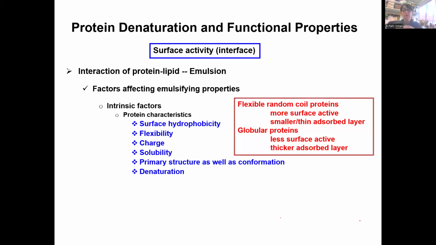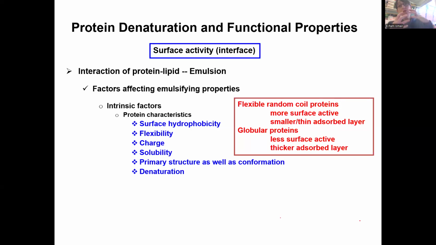So they have high adsorptivity at the interface and very high flexibility because of the open structure. Globular proteins are less surface active. They require a little bit of a push to denature them and provide this balance on the surface of that protein. So usually they're less surface active unless we prompt them to be.